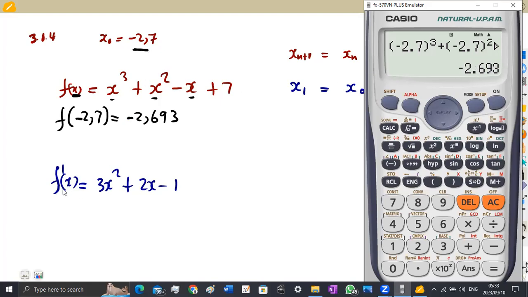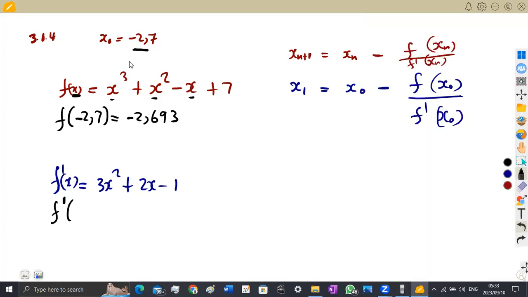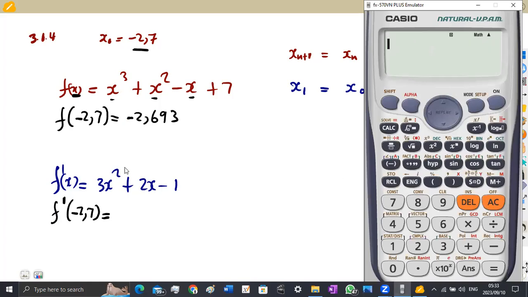We do the same thing for the first derivative. Our x again is at minus 2,7. So in this case, we are dealing with the function of the first derivative. It's 3 into the value of x, which is minus 2,7 in brackets squared, plus 2 into our bracket, our x being minus 2,7, minus 1.